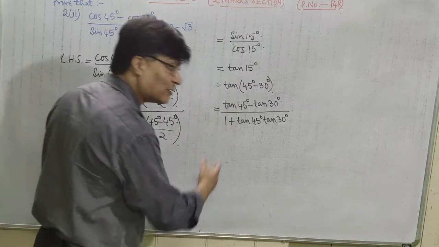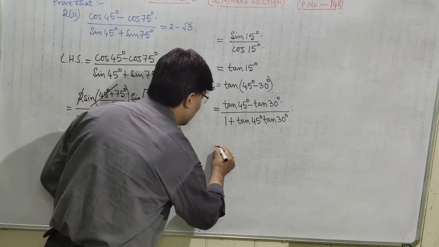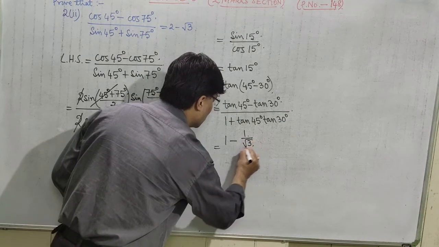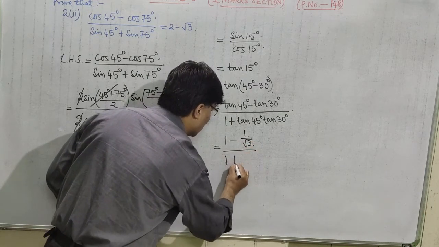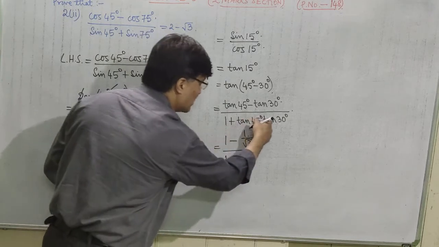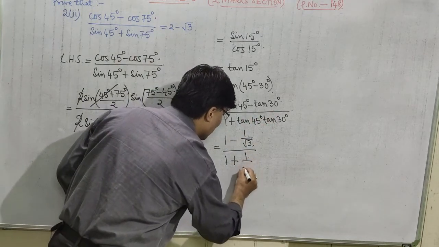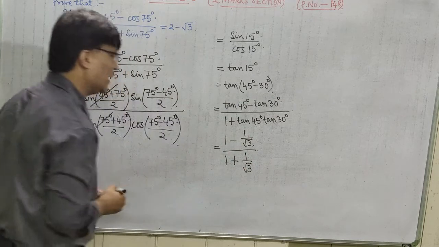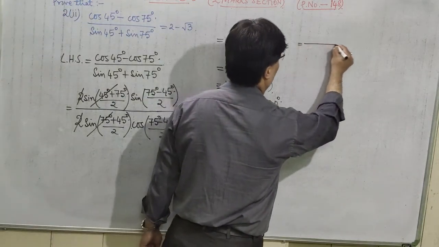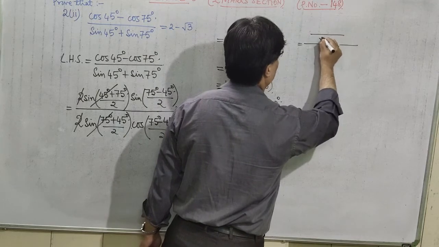So let us use the values now. These are all standard angles. What is tan 45 degree? 1 minus, what is tan 30 degree? 1 by root 3, divided by 1 plus tan 45, which is 1. You don't have to write it. What is tan 30? It is 1 upon root 3. Okay. Now let's take the LCM. In the numerator, what's the LCM?